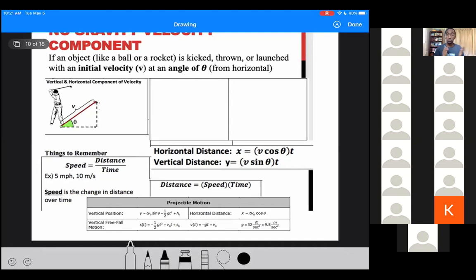All right, so we're going to call the horizontal component x. And we're going to say the y is the vertical component of velocity. Okay. And so let's solve for the relationship between the components, where v is representing our initial velocity of this ball being hit. In the case of the baseball it is 103 feet per second. Here we're just saying v, okay, just to show the relationship.